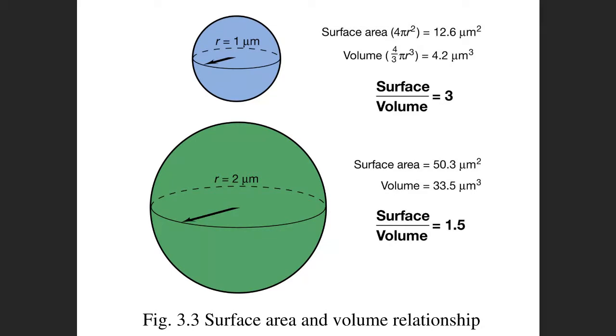So basically, if you imagine combining these little drops into larger drops, the surface area will actually reduce per volume, right? What this means is that the bacteria requires the import, like the mouth.